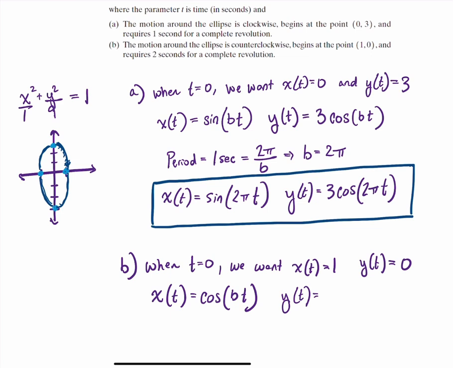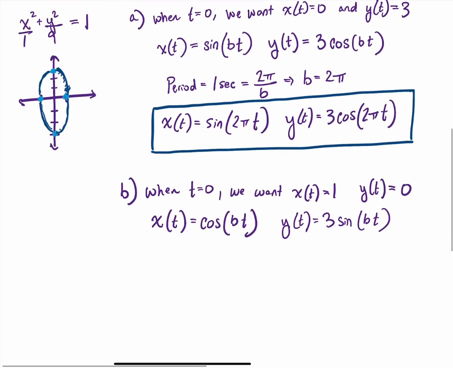So going counterclockwise, start at 0, then up to a maximum of 3, back to 0, down to a minimum of -3, back to 0. So that sounds like a sine wave with an amplitude of 3. So this should be 3 times the sine of b times t. And this time they say the period is 2 seconds. They want a revolution in 2 seconds of time.